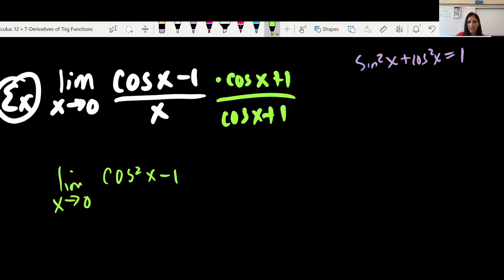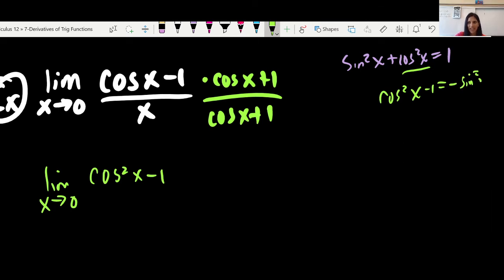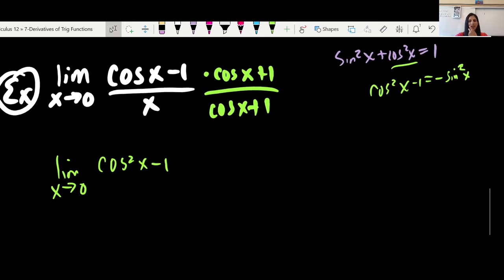And cos squared x minus 1 is the same thing as, if I rearrange this, negative sine squared x. I am butchering this thing. I hope you can still make sense of this, but we're just rearranging this Pythagorean identity from pre-calc 12 that you probably remember, and if not, don't worry, we're going to repeat this over and over again, so it's going to come back pretty quickly.